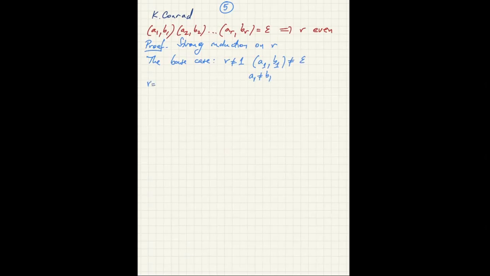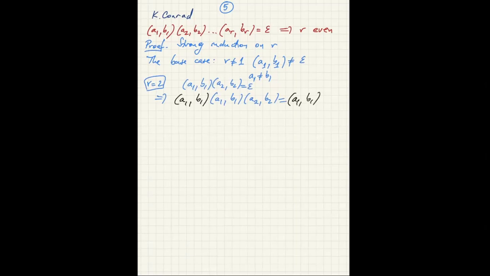So let's say R equals 2. That would be our base case. In that case, we have A1 B1 times A2 B2 equals the identity. And what happens? Well, we can multiply on the left by A1 B1. And so we have A1 B1 times the previous product on the left equals A1 B1 on the right.